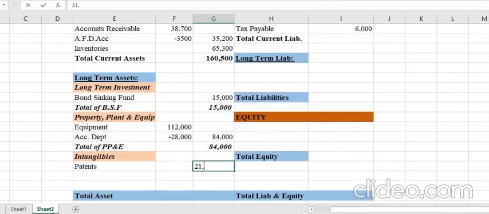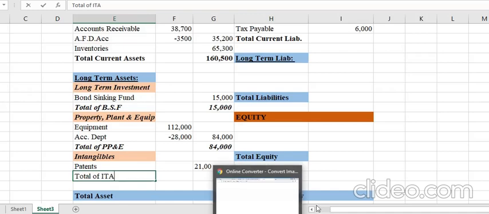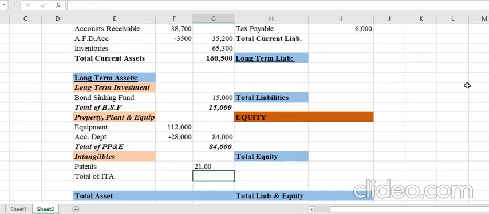So we will keep it as it is. Then we get the total of intangible assets. I'm writing in short, just for better time management, and there is a mistake, it's 21,000. So this will be my total of the intangible assets.